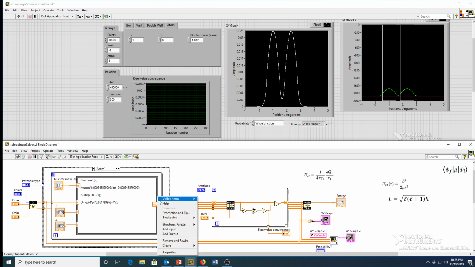So add an output here. Oops, what's gone wrong? Oh, this is an input, not an output. Add output. There we go. You can tell by the thickness of the border. There's a difference.